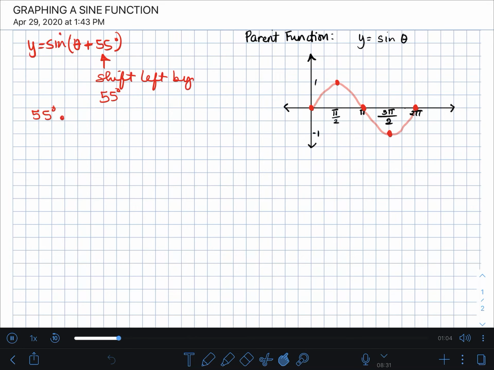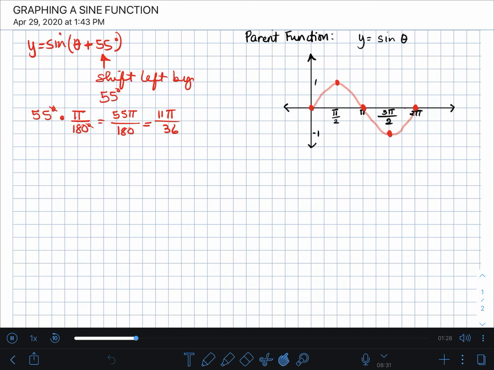So we multiply 55 degrees by pi over 180. That cancels our degrees, and we are left with 55 pi over 180, or 11 pi over 36. Can we graph now?